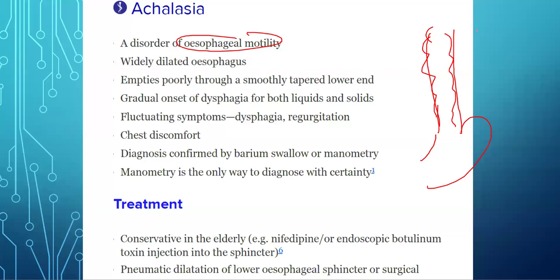In this case, the esophagus becomes widely dilated, and it loses the elasticity that would cause that peristaltic movement. So no longer is peristalsis there. Not only that, the esophagus becomes dilated and it ends in a smoothly tapered lower end.